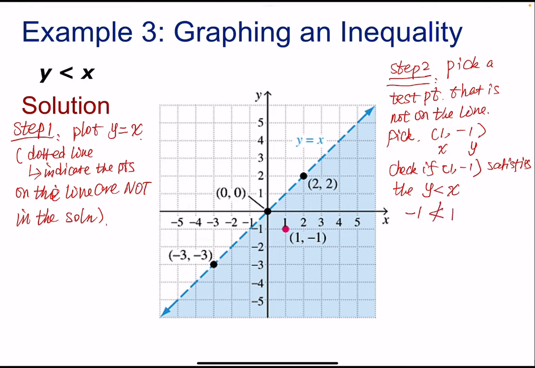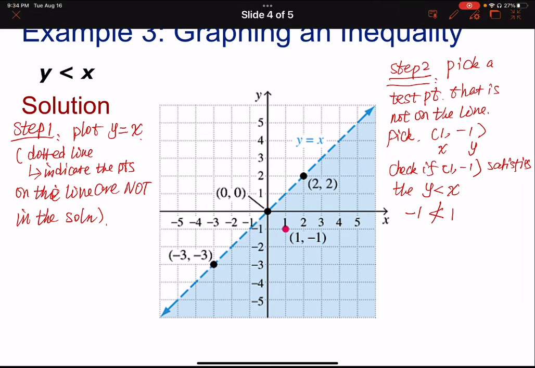Actually, y is -1, it is less than 1. I'm sorry for that. So let me correct that. -1 is actually less than 1. So the test point actually satisfies the inequality, right?